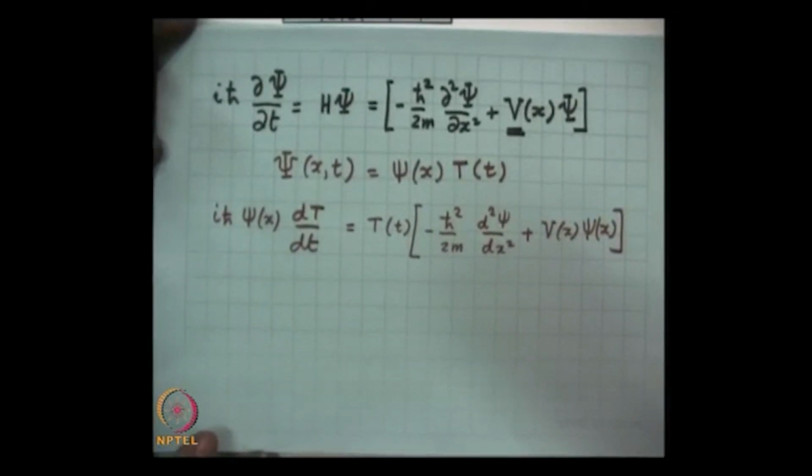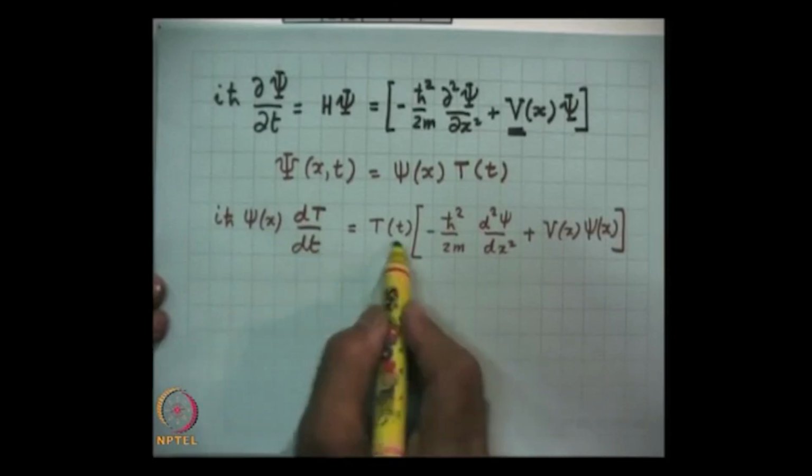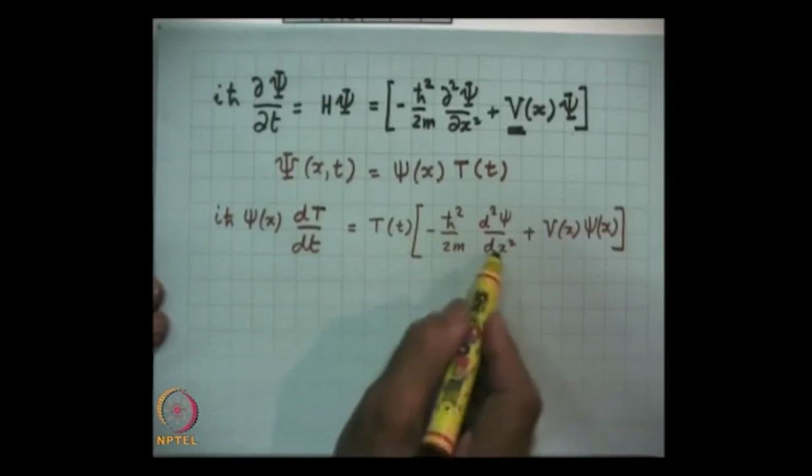Next, the variables have still not separated out, because the left hand side contains x and time, and the right hand side also contains time and x.